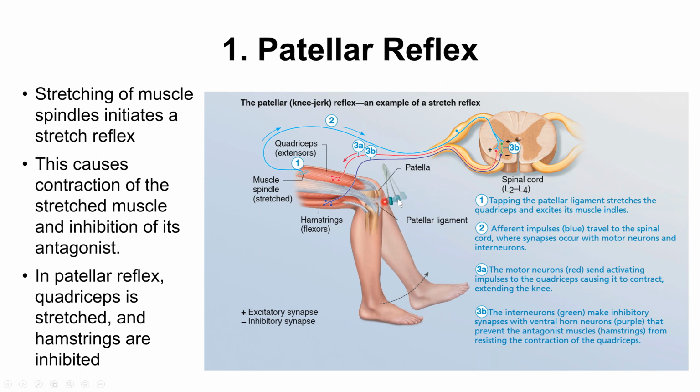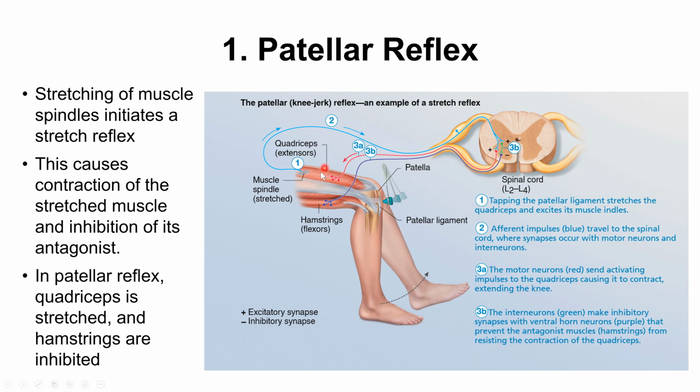So the stimulus here, or the receptor, I should say, is going to be the muscle spindles, but those muscle spindles are stimulated whenever we tap the patellar ligament. So that excites the muscle spindle. So the receptor is the muscle spindle.